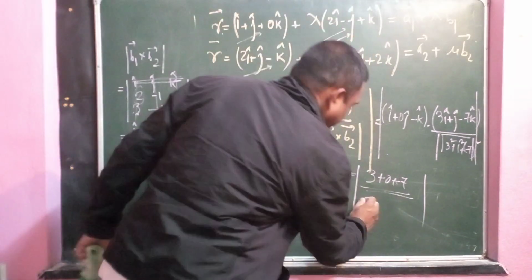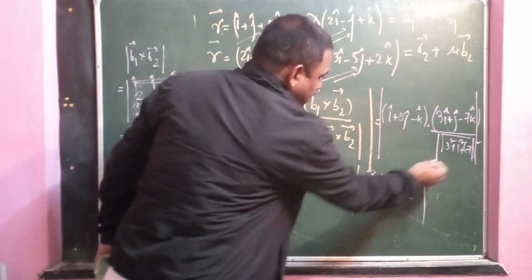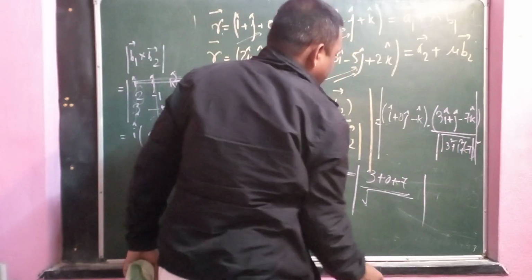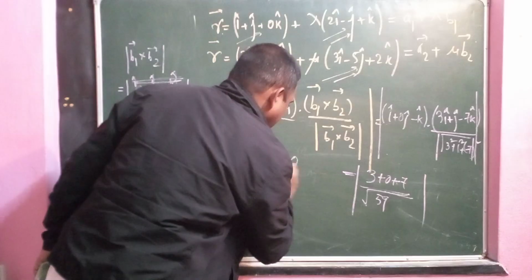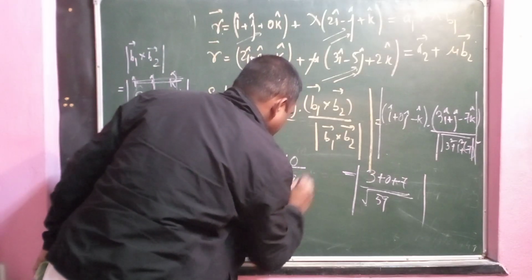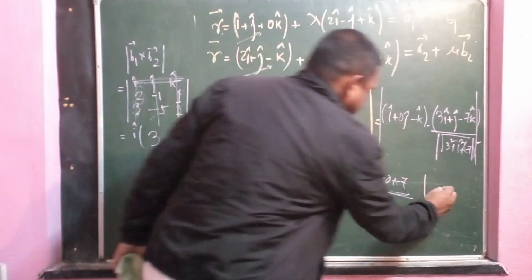Calculation mistake, keep the calculation proper. 49 plus 9 is 58, 59. So that is equal to 10 by root over 59 units. This is your SD. Okay.